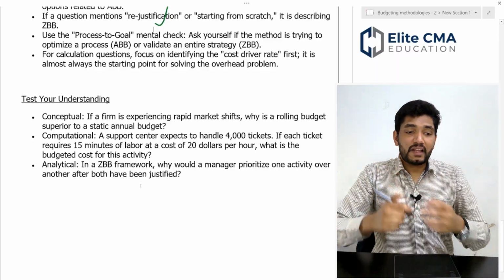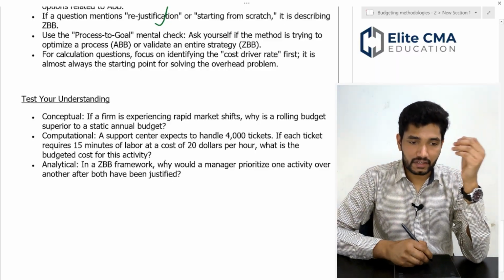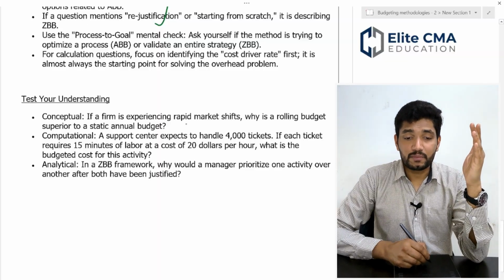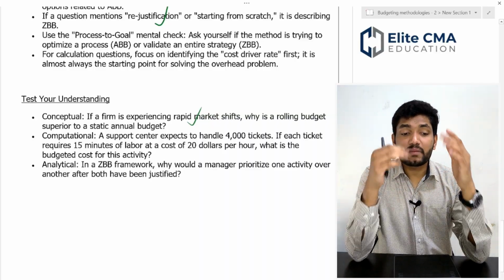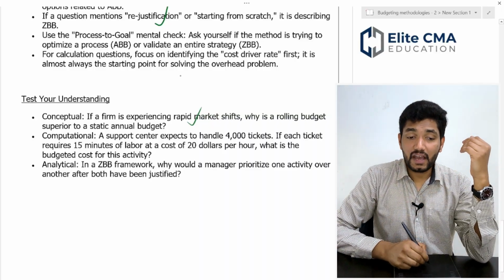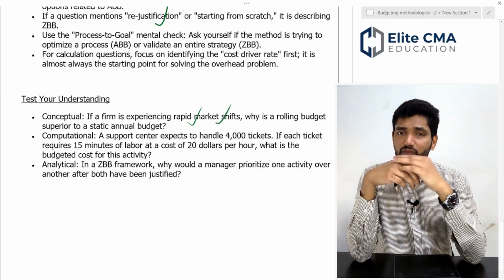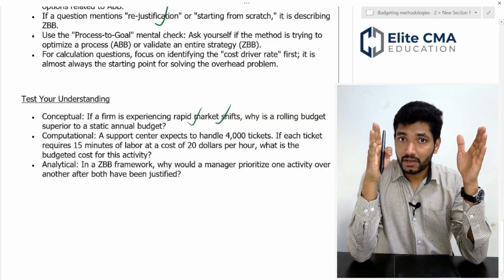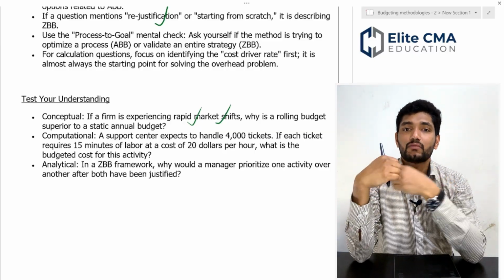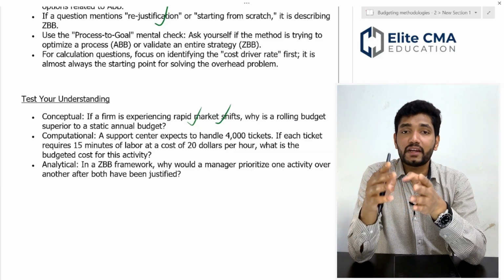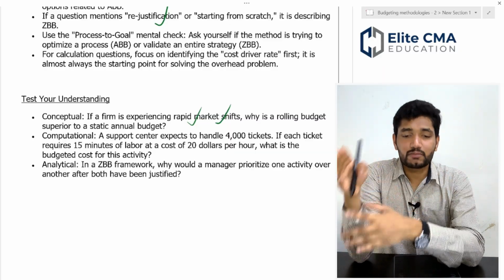Now let's move into the activity to test your understanding. If a firm is experiencing rapid market shift, why is a rolling budget superior to a static annual budget? We know the static annual budget is a budget where we maintain a budget for a particular period. Once that period has passed or expired, we prepare the budget for the next period.